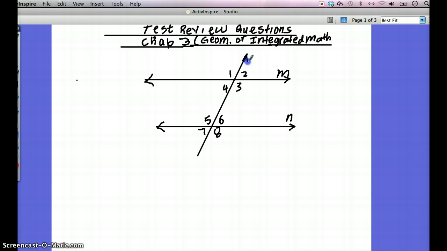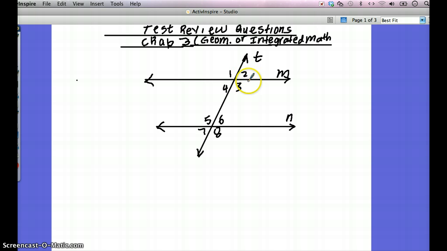If you look at what we've got here, we've got two lines cut by a transversal. I'm going to call it T. I'm sure you're very familiar with this, but I'm going to go through it with you again.